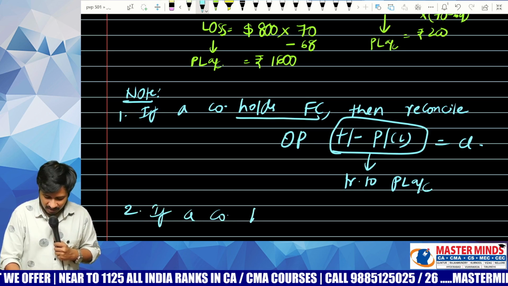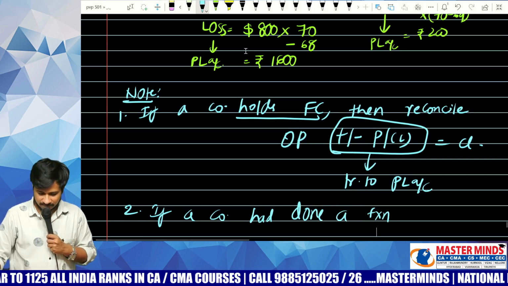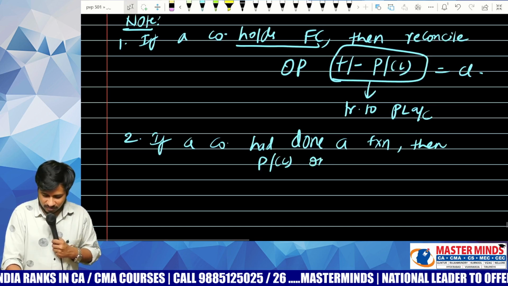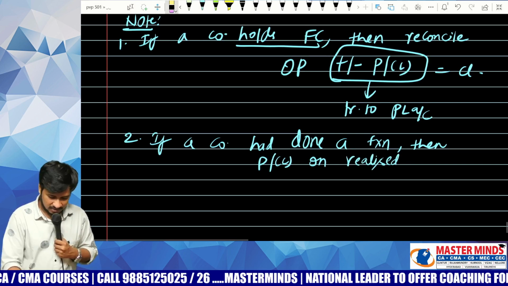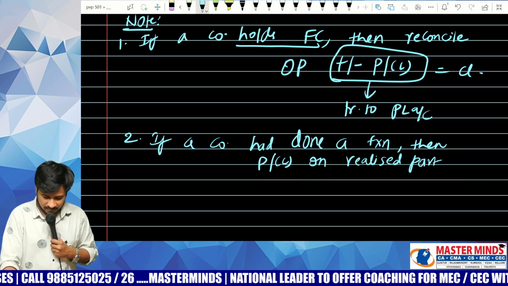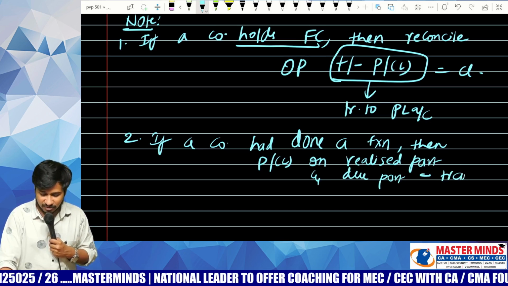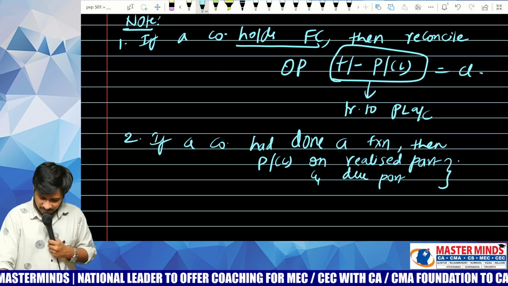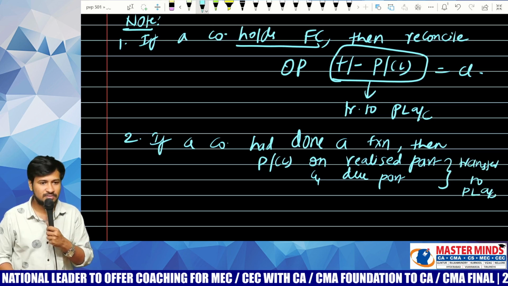If a company had done a transaction, then profit or loss on realized part and due part, hyphen, transfer to P&L. Whether it is realized part or due part, it will be transferred to P&L account.